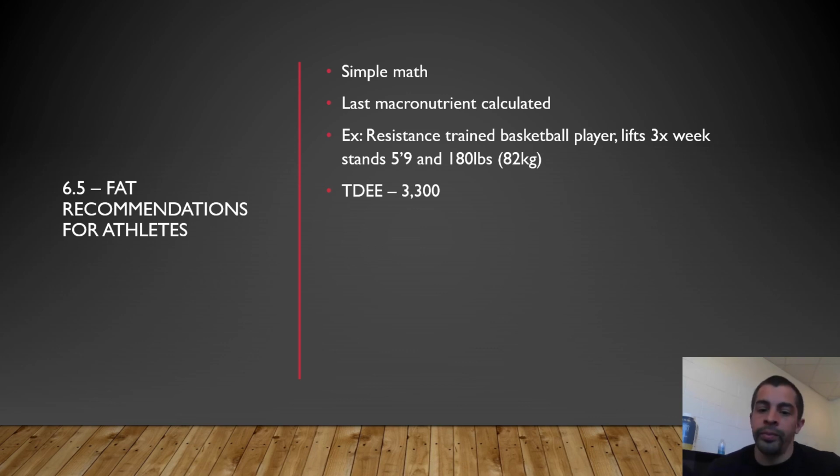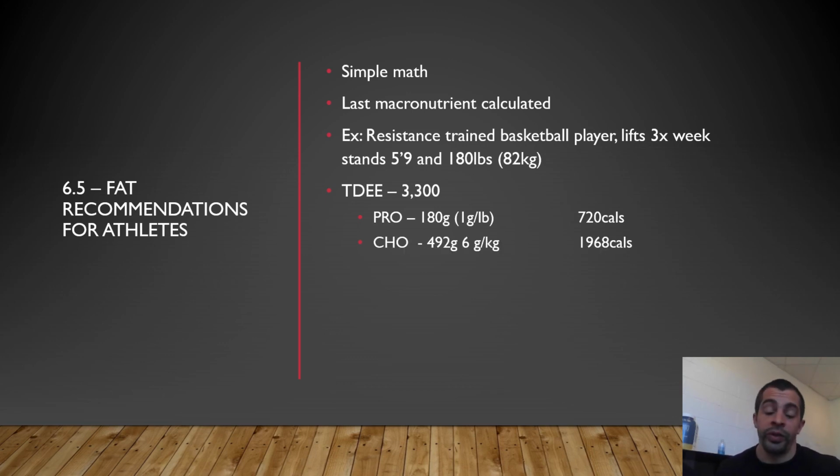Once we have that, we then start to calculate their protein requirements. That's always my next step. Well, I already told you 1 gram per pound. So if they weigh 180 pounds, I'm going to tell them to eat 180 grams of protein. In the column on the right, 180 grams equates to roughly 720 calories.